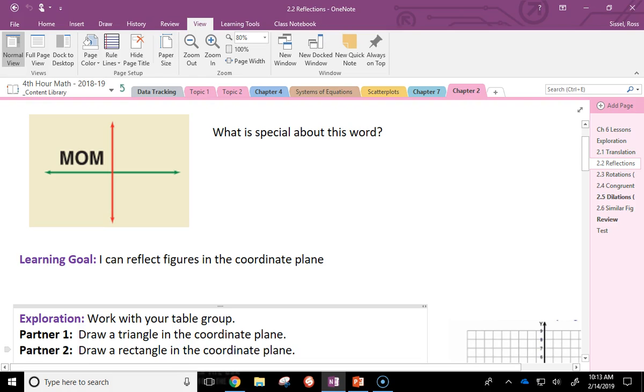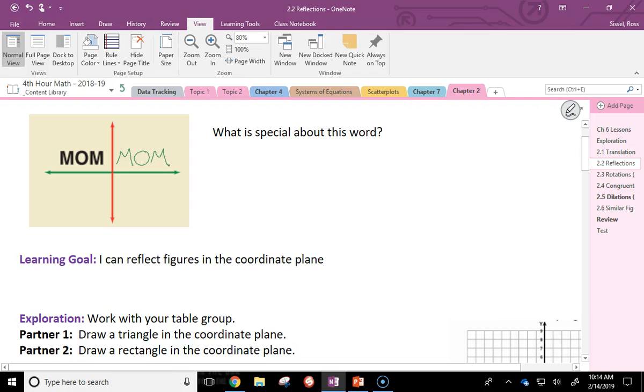If I took the word mom and put it exactly the same right here, and I asked you what kind of transformation did we do, you would have two options right away. You might say it was translated, it just slid. Or, if it reflected along this red line, if I took it and I flipped it, like Dusty said, it would look exactly the same.